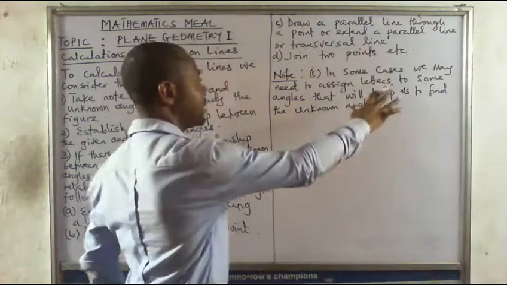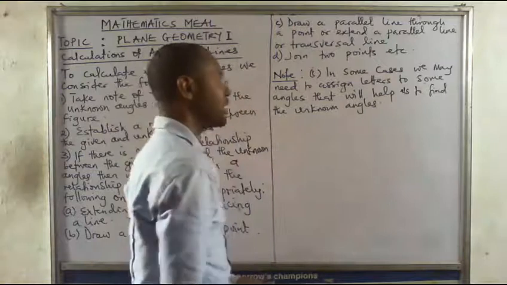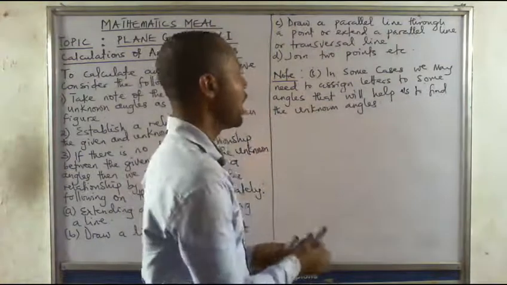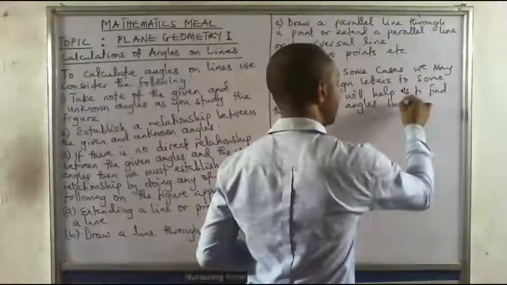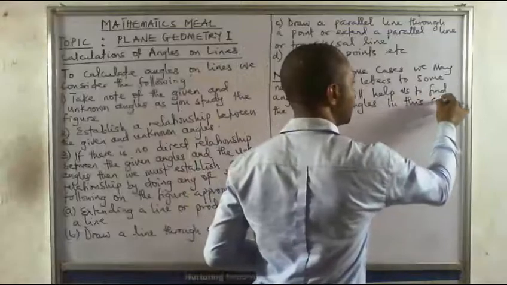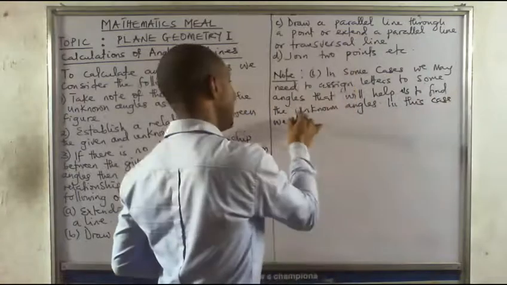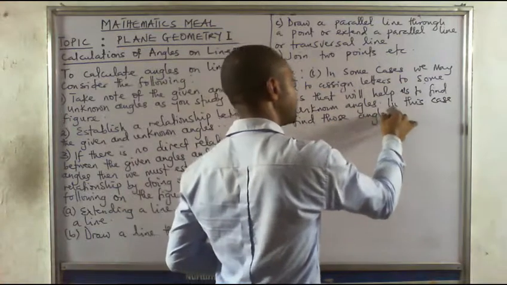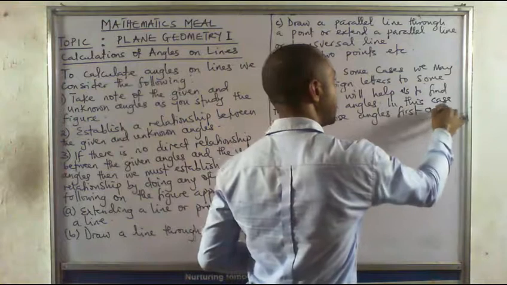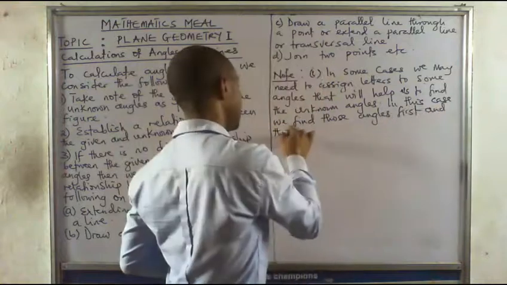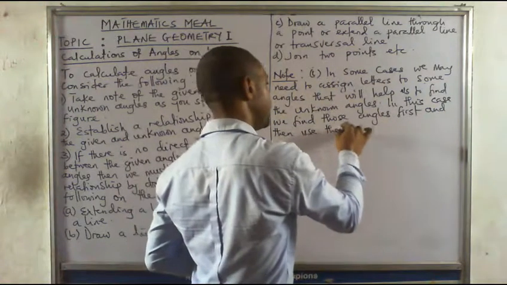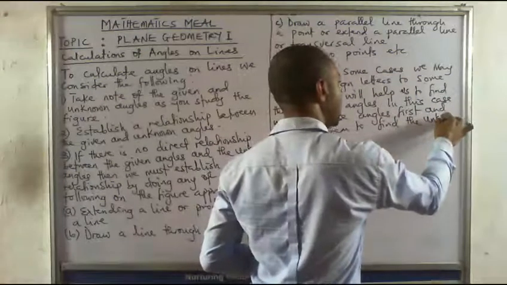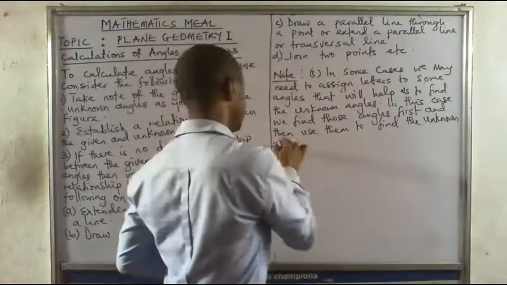In this case, we find those angles first and then use them to find the unknown angles.